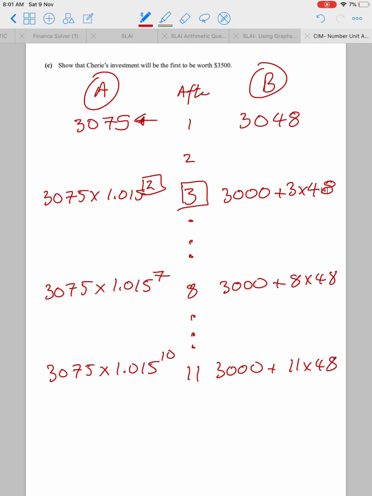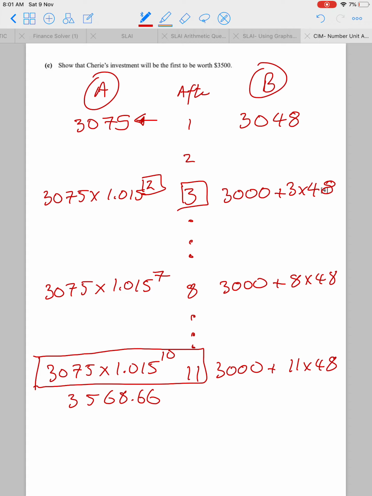Okay, and when you play around with those numbers, I'm going to just play around with this one here on the left hand side, and at this particular section here, I've got 3,568.66.